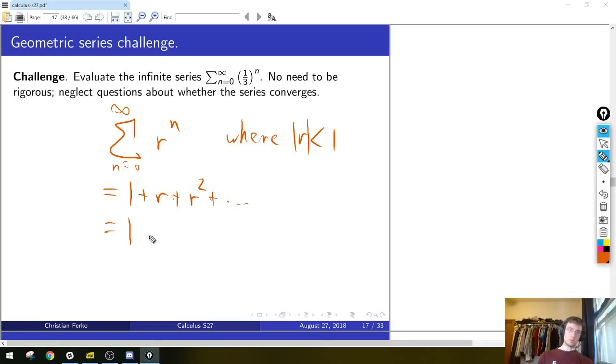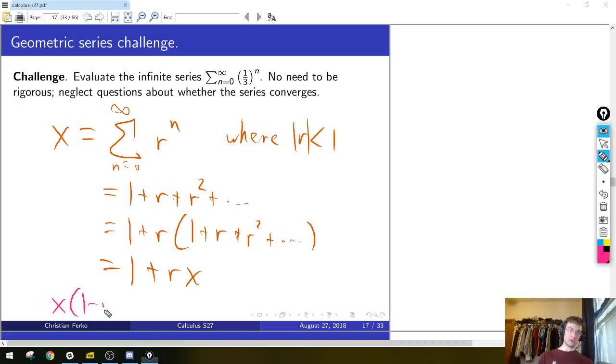which is the same as 1 plus r times the quantity 1 plus r plus r squared plus ..., you can play this game and say, well, this thing is x, and apparently x is the same as 1 plus r times x. So that gives us an equation which seems to suggest, moving rx to the left side, x times the quantity 1 minus r equals 1, and therefore this infinite sum is apparently 1 over 1 minus r.